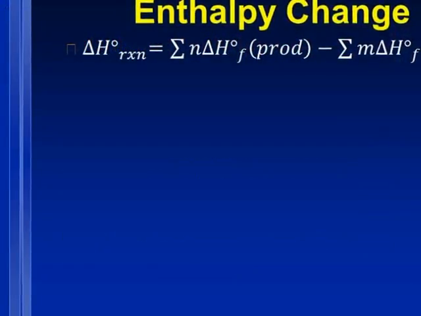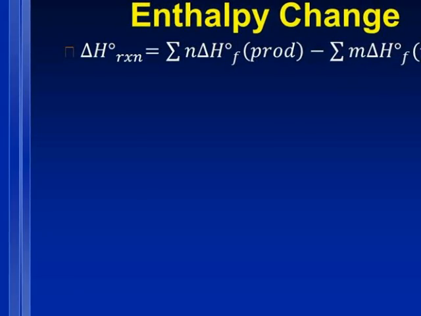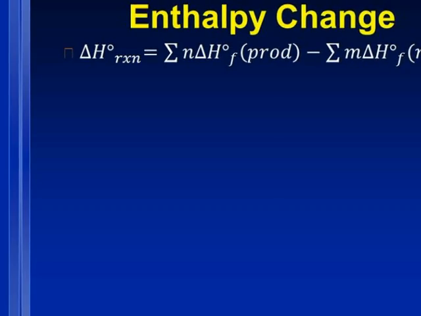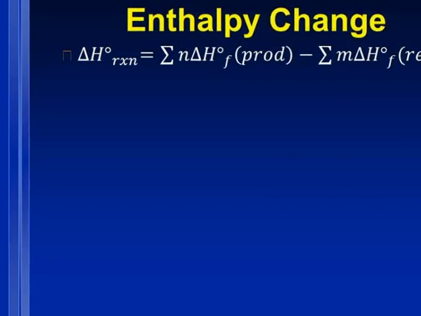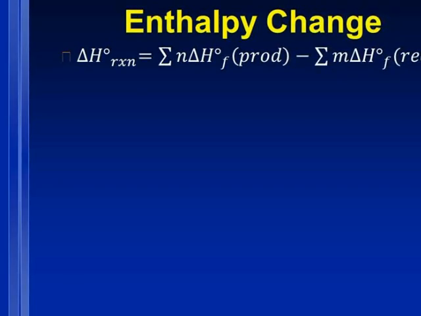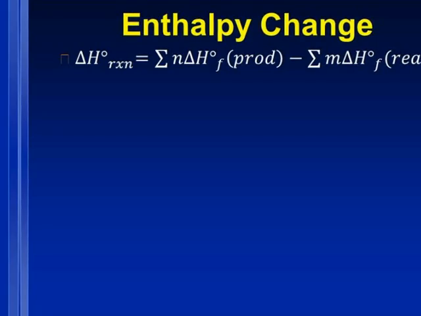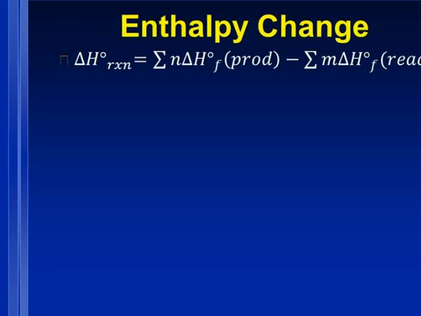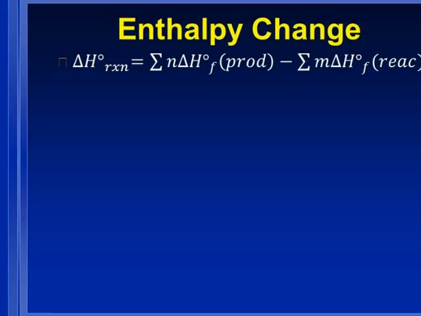This is the fancy equation for the enthalpy change, but it looks a lot more complicated than it actually is. So delta H° of a reaction, the standard enthalpy change of a reaction, is equal to that sigma sign. You should have encountered this in math. That weird E is the Greek letter sigma. That means the sum of n, which is the moles, times the standard enthalpy of formation for all of the products.